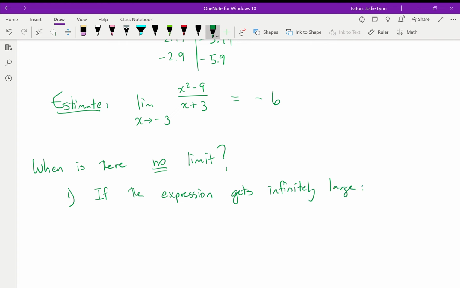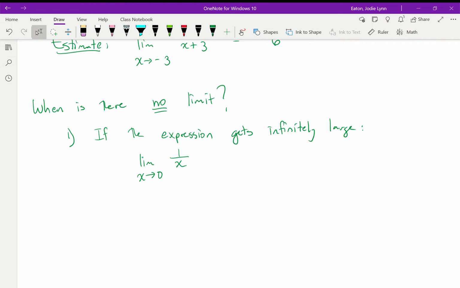So what might we have here? Well, if we're trying to take the limit as x approaches 0 of 1 over x, the closer and closer we get to 0, we're just getting bigger and bigger and bigger and bigger. And it's going to be different when we're heading from the bottom or from the top. So that's one that is going to be slightly different depending on which side.